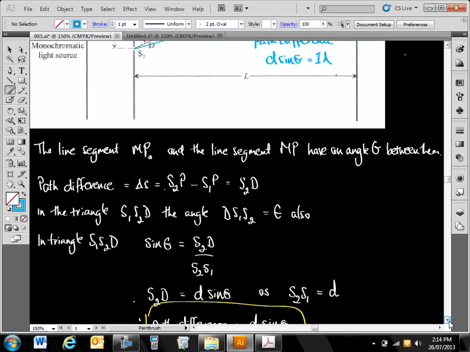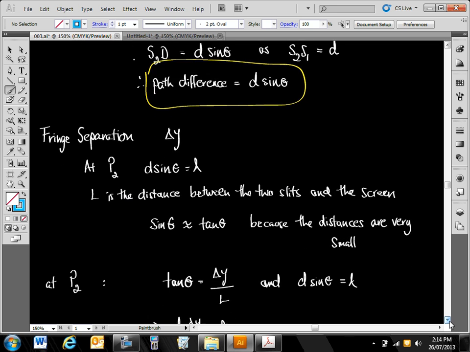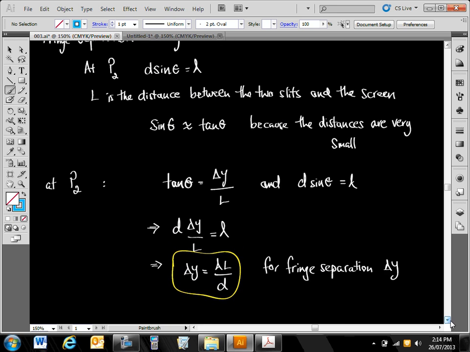We went through the proof. I don't like the proof, but we went through the proof all the same. And then we looked at the fringe separation and how we do calculations for the fringe separation.